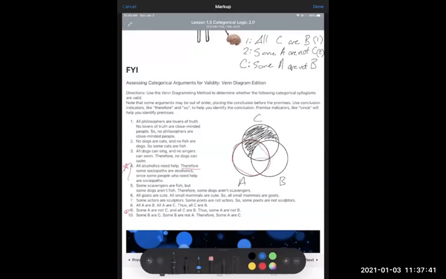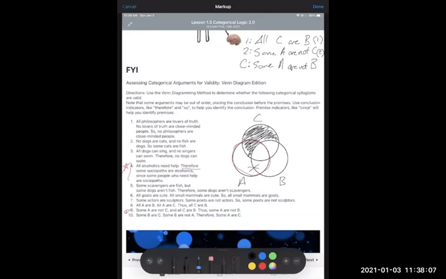Okay, so if this A is not in the blue region, what's left? Well, all that's left is either this region or this region. As such, we need to choose where it goes. Now, we don't actually know where it goes, so we have to straddle the line. It could be a B, it could not be a B, who knows? All we know is that it's definitely not in this region right here.